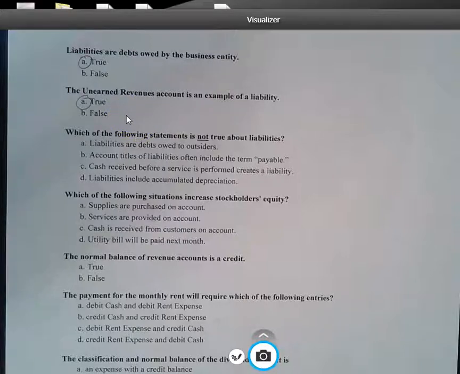So the example that I often use is, say for example, the University of Nebraska sells season tickets, and they collect the money for those season tickets, say in, I have no idea, May, June, July, whatever. But let's think about this now. The first game is not going to be played until August or September, something like that, and then carry on through part of December. So they have the money, but they haven't provided any services.